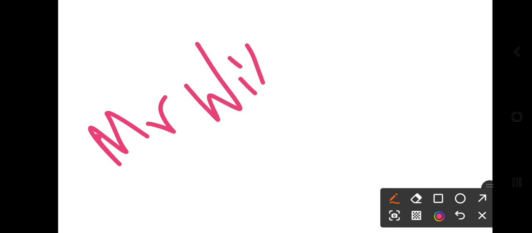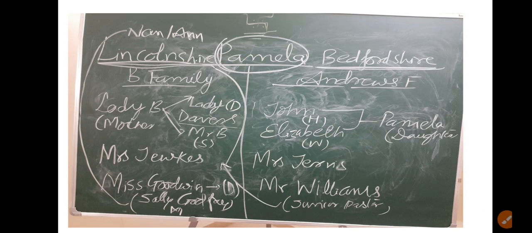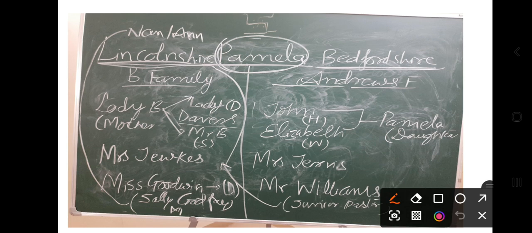So then Mr. B says that I will fix your marriage with Mr. Williams. As we have seen, Mr. Williams is a junior pastor. So he says, why don't you get married to this man?